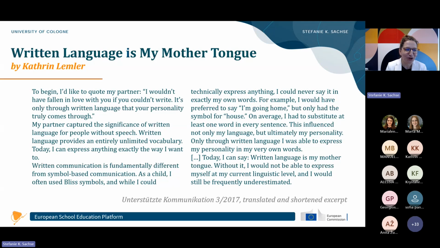This influenced not only my language, but ultimately my personality. Only through written language was I able to express my personality in my own words. Today I can say written language is my mother tongue. Without it, I would not be able to express myself at my current linguistic level, and I would still be frequently underestimated.